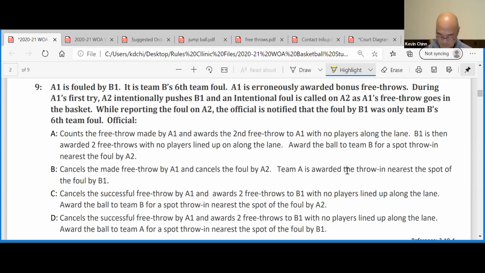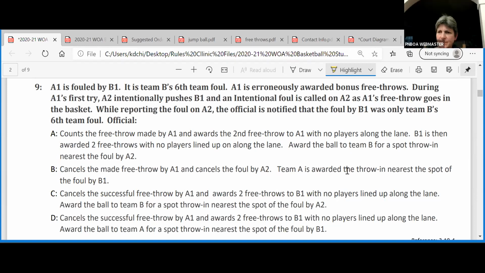But I'm confused because if A had the ball, I would have thought it might have stayed with B. If it says that all of the activity during it shall be canceled, then it should remain as A's ball, I thought. I don't think you cancel the intentional foul though, just the free throw. The intentional foul still happened. Is intentional 2 plus possession? Yeah. That's what I thought.